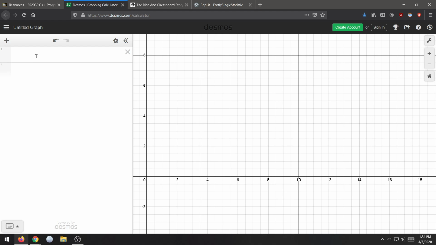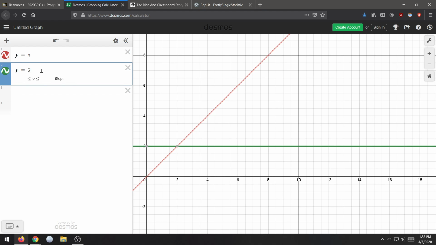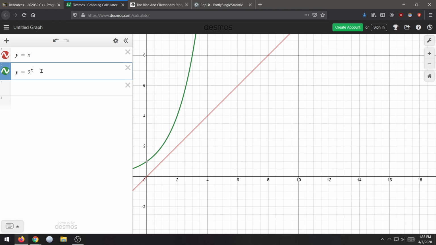Okay, great. It's going to be too hard to see on my screen, so I'll just say y equals x. Right. So there's my every day I make a certain amount more. That's a linear curve. Whereas here I say let's do y equals doubling it means I get 2 to the x.